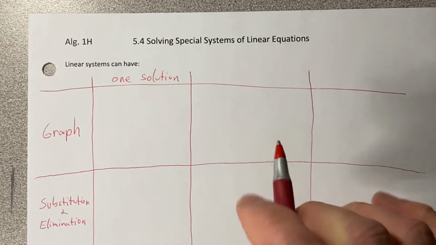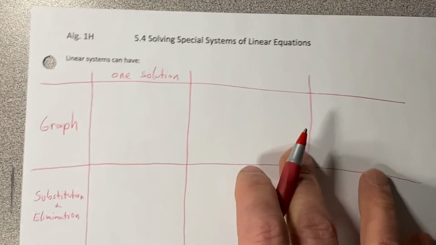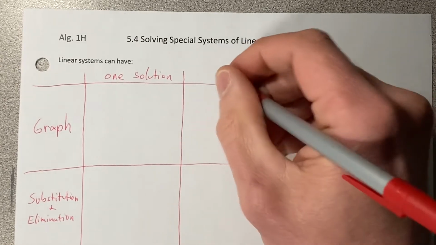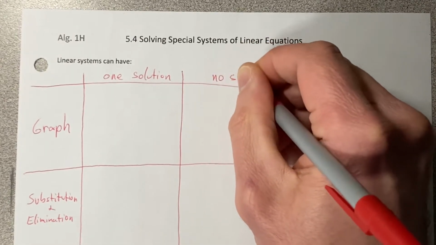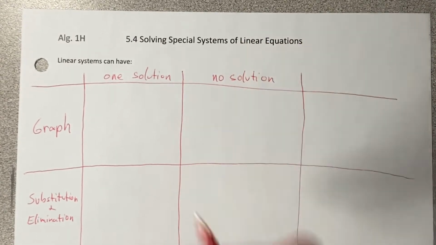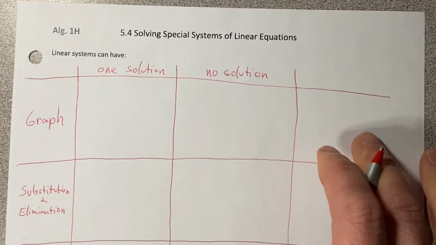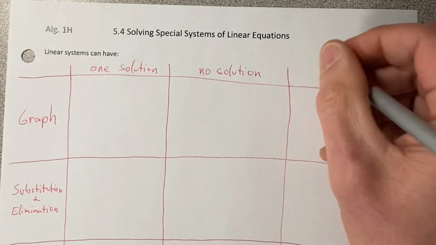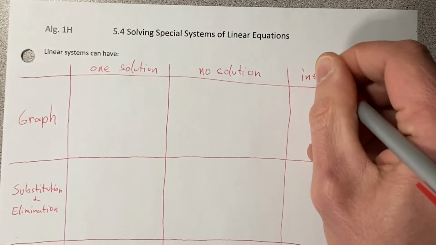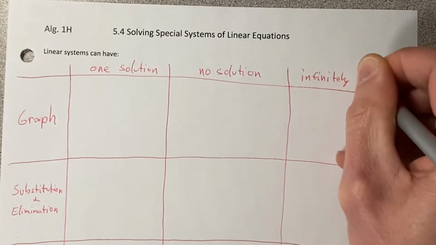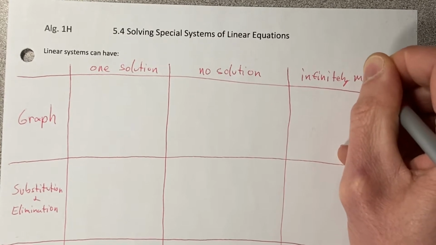Another thing that can happen is that you might get no solution with a system of equations. And finally, a third possibility is that you might have infinitely many solutions.